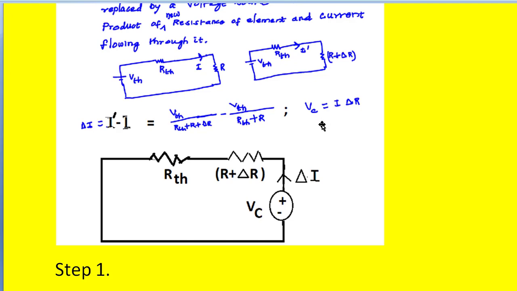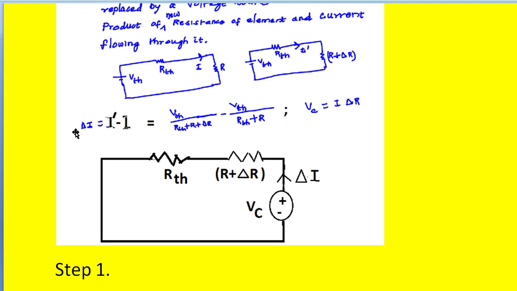Then we can calculate the compensation voltage, that is VC, which is equal to the current flowing in the original circuit without change in the resistance, that is I, into the change in the resistance, that is R plus delta R minus R, meaning delta R. That is called the compensation voltage.